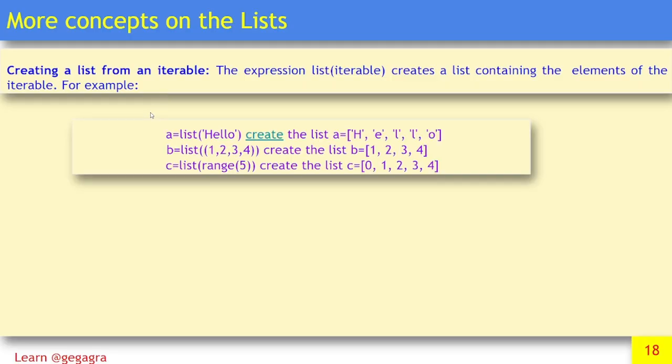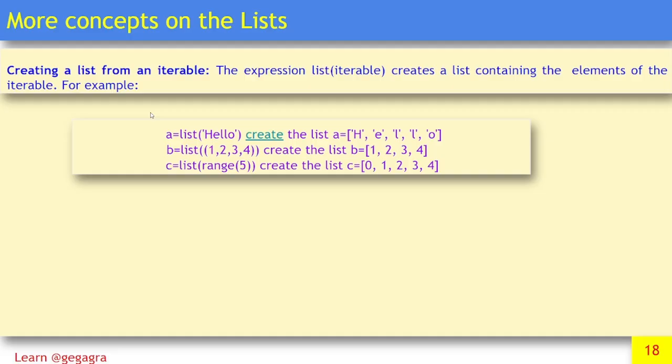Here the snippet shows how to create a list from different objects. Like a is equal to list of hello, so the object is hello, which is a string. From this string it will create a list, and the variable of the list is a. So a will have a list whose values will be the characters of hello.